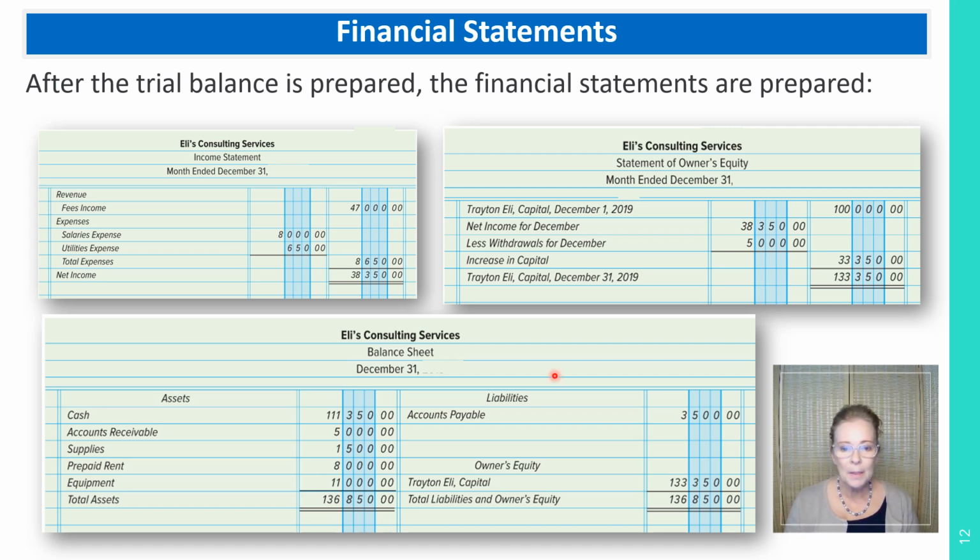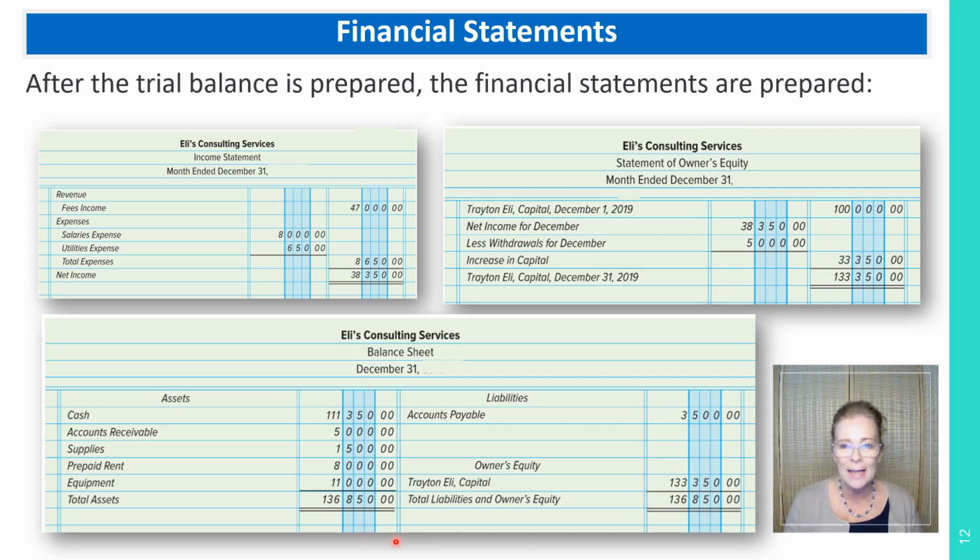And we list our liabilities on the right side, starting with accounts payable, $3,500. We then list owner's equity, which we transferred from the statement of owner's equity of $133,350 for a total of $136,850. And we again see that our accounting equation of assets equals liabilities plus owner's equity still holds true.